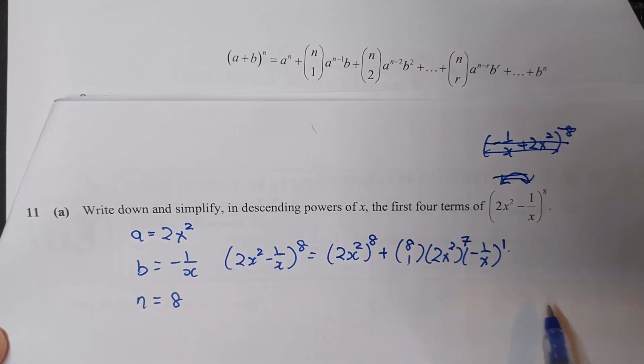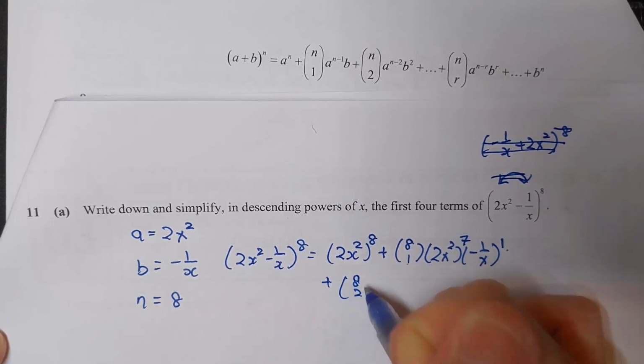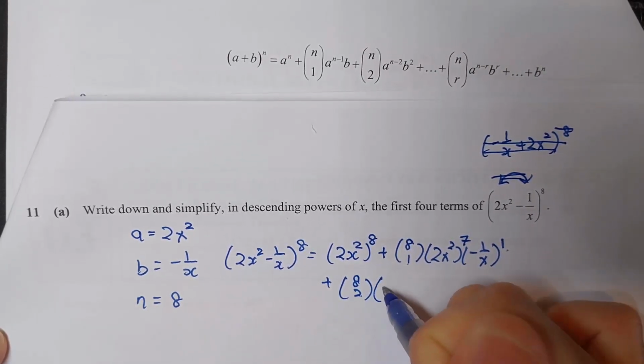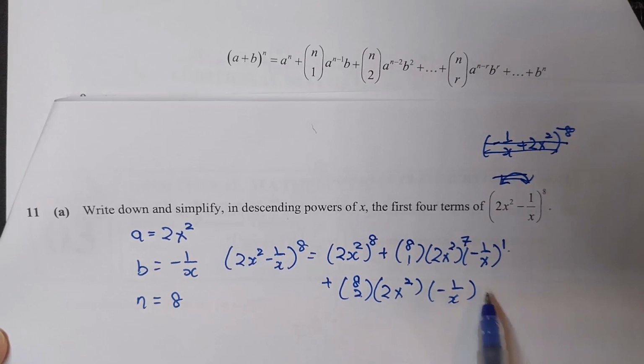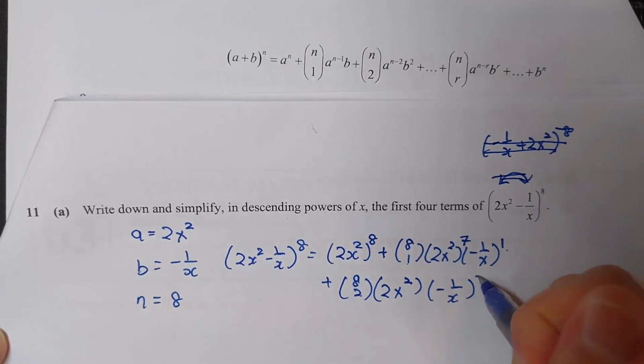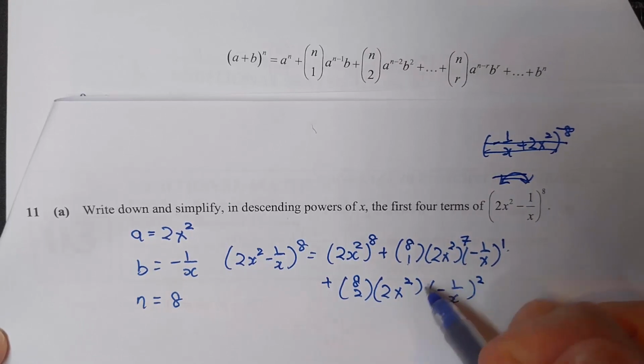Alright, so due to shortage of space, I'll write it below for the next term. Write down the value of A, write down the value of B. This R here will be the same as this power here. These two numbers add up to 8, so this must be a 6.